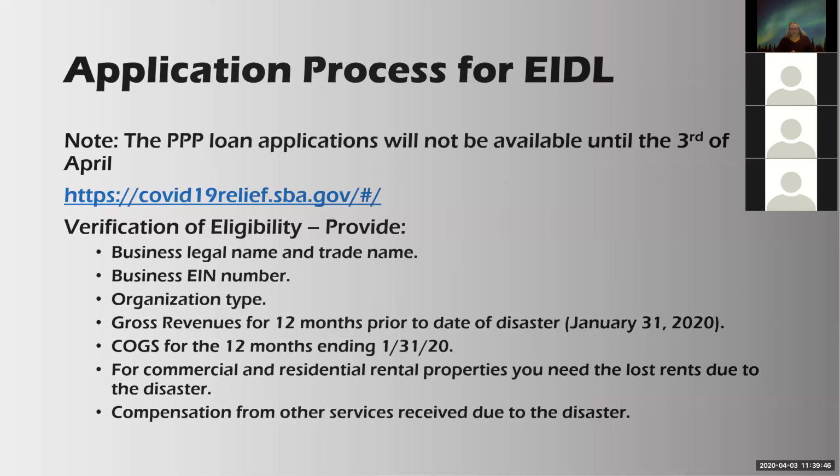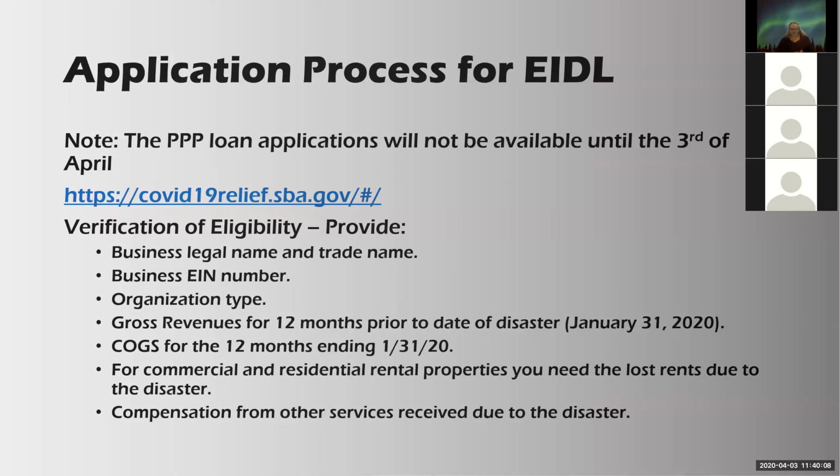Compensation from other services received due to the disaster. What that means is if you have insurance claims or something like that, and they are basing this one off of the normal disaster relief loans.